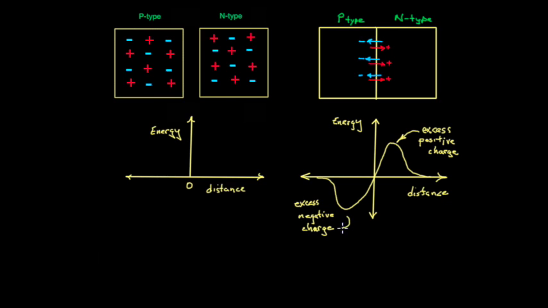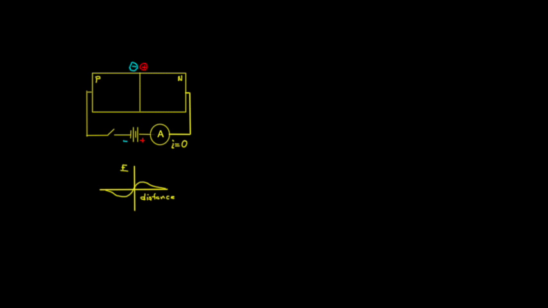Now let's put metal contacts on the ends of the N and P-type material and see what happens when we try to pump current through the material across the junction with a battery. Before we close the switch, there's no current. The charge buildup across the interface presents a potential energy barrier to the flow of charge.